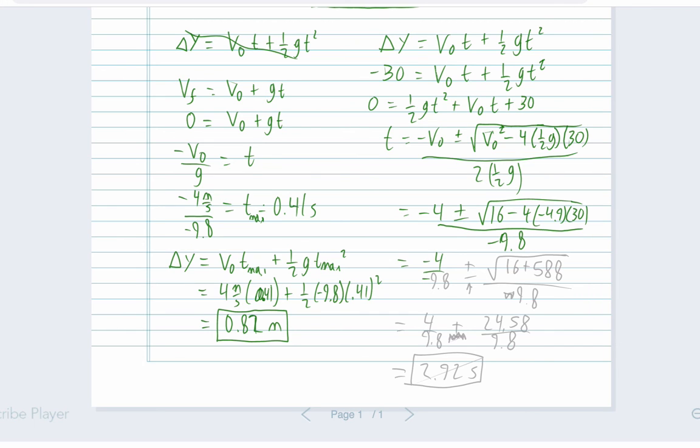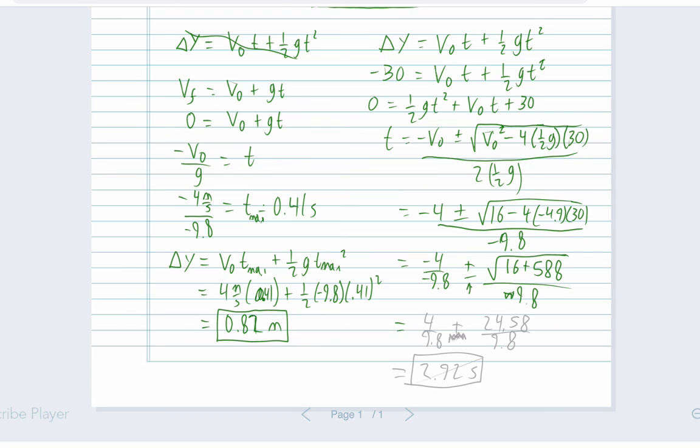So negative 4 over negative 9.8 plus or minus the square root of 16 plus, let's simplify that out right now, 4 times 4.9 times 30 gives us 588, all over negative 9.8. Okay. At this point the negative doesn't really matter because we have the plus or minus right here.